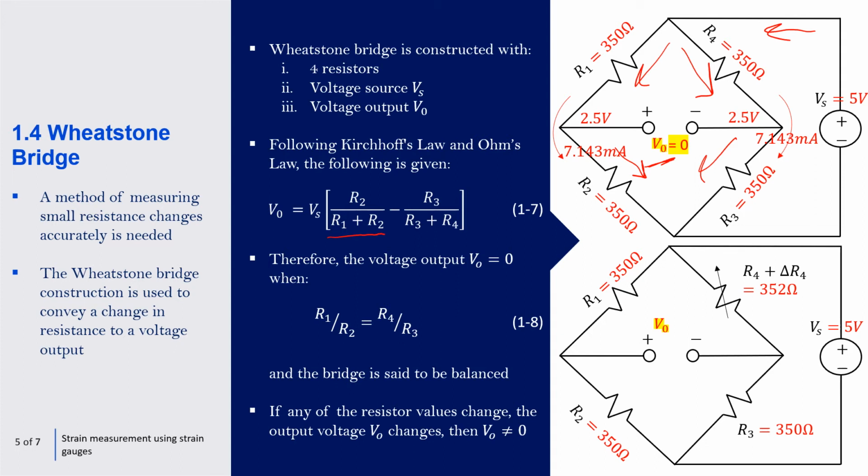In this case, you can see R4 has been replaced by R4 plus delta R4, and when subject to a tensile force, the resistance changes to a value of 352 ohms. So it's got a slight increase in terms of the resistance. Note that the change is 2 ohms, and that was the example that we looked at earlier.